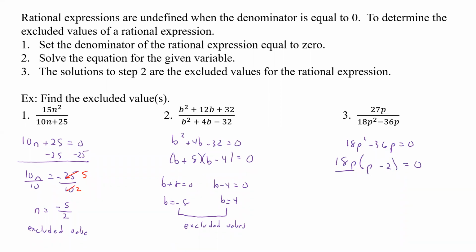So now we set both of the factors equal to 0, 18p equals 0 and p minus 2 equals 0. And so here we get p equals 0, and here we get p equals 2. And these are our two excluded values. So those are the values that cannot be a solution to this, because that would make our denominator equal to 0, and we cannot divide by 0.